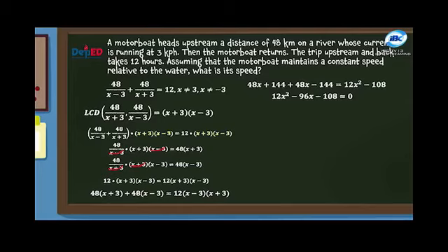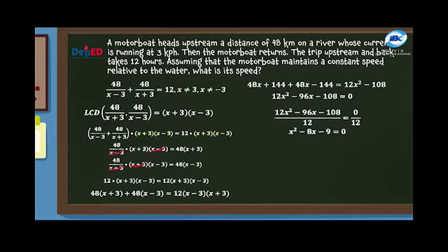We can reduce the values of the coefficients a, b, and c in the equation since 12, negative 96, and negative 108 are all divisible by 12. So if we divide both sides of the equation by 12, we should get the equation x squared minus 8x minus 9 equals 0.